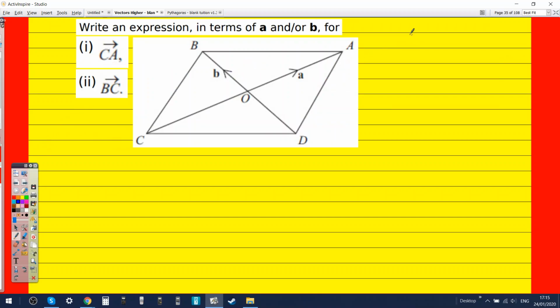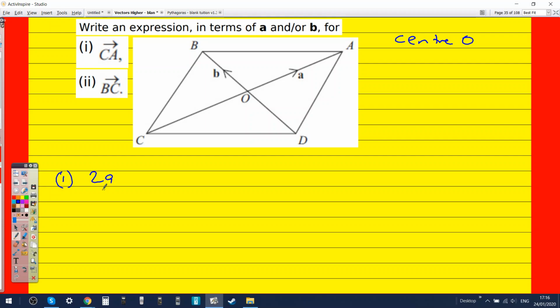And sorry, the center is O. For CA, so is it 2a? Yep. So 2a.